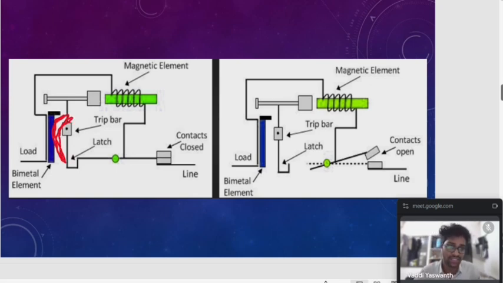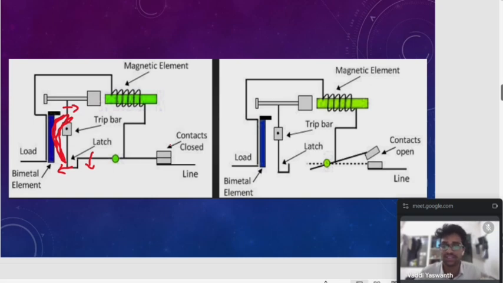When this expands in that shape, this edge touches the trip bar, and as it moves like this, then this moves like this, and ultimately the closed switch becomes an open switch, and hence there will be no flow of current.